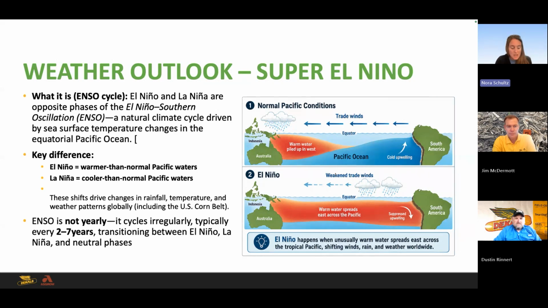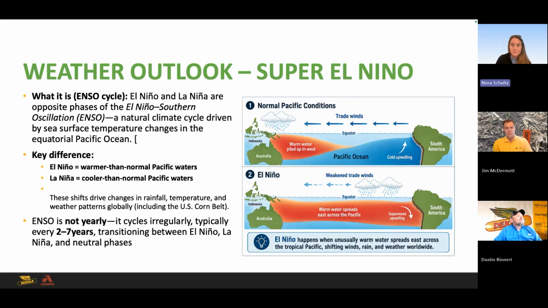A couple of the points about this is that we have been in a La Nina, so cooler than normal waters, for 24 and 25. We are switching. The super El Nino has gotten thrown out because it is swinging back to the other side much more quickly than normal. It's not really hitting a neutral stage. It's going right into that warmer than normal stage.